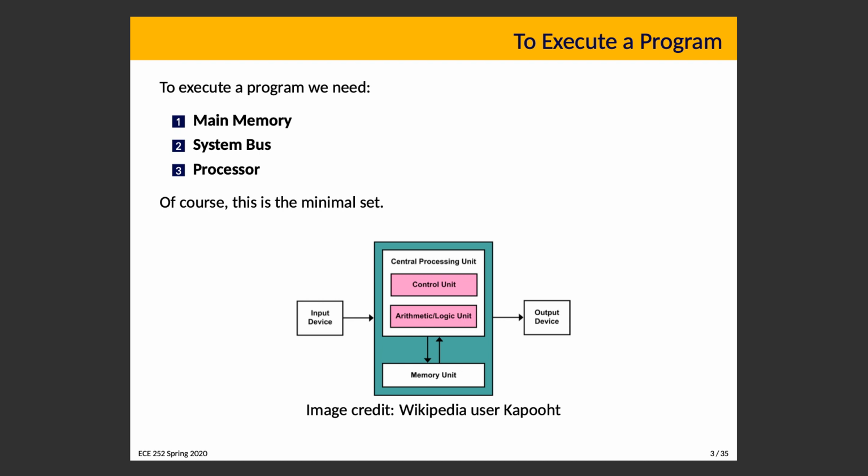And then the processor is the one that actually does all of the work. It is the element of the system that actually executes the instructions. And we have, in the diagram here, an input device, an output device, because of course a computer that has no input and no output is not super useful. But to qualify as a computer, we need the following things.